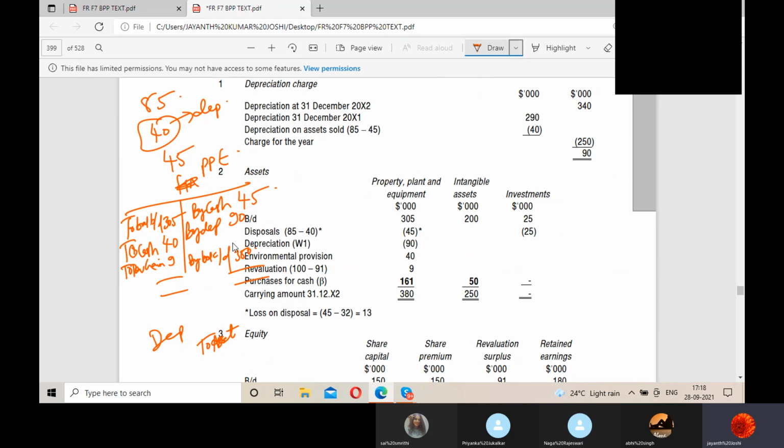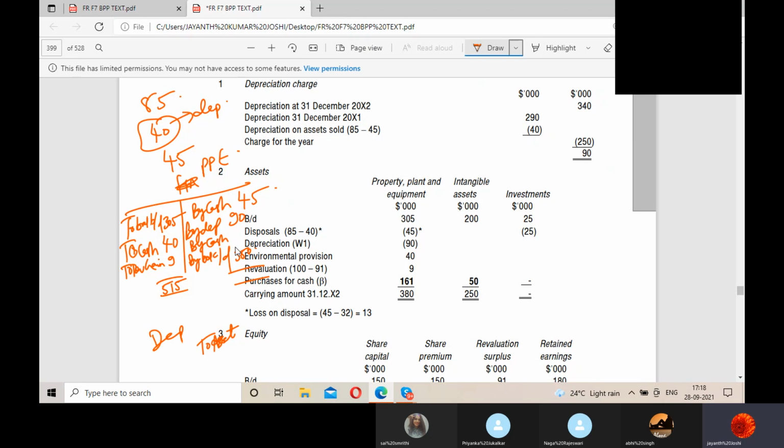Now tell me the balancing figure. The credit side total is 515. Balance is 161. Asset to cash is going to purchase.